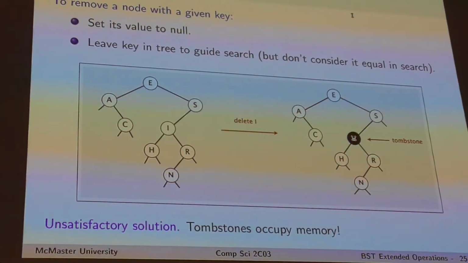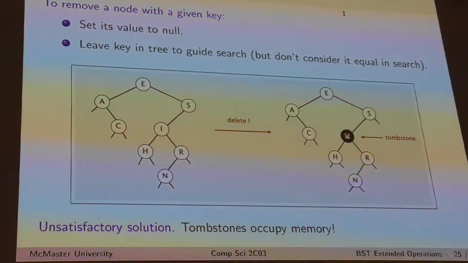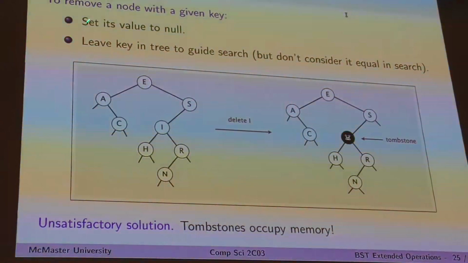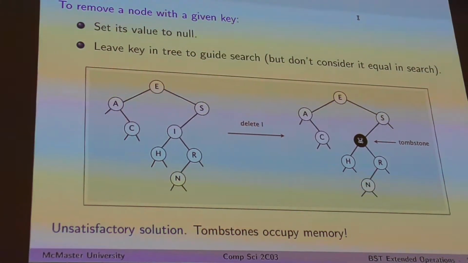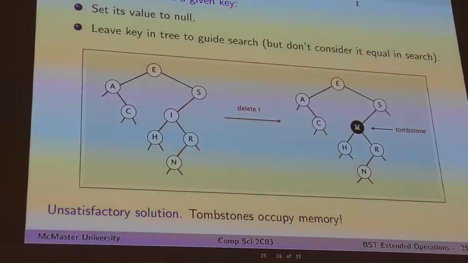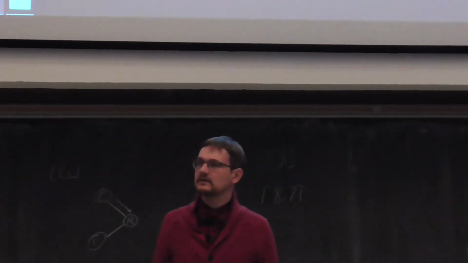So, one way that you can approach this problem is to, quote unquote, leave a tombstone. If deletion means taking a key and setting its value to null, remember nulls are disallowed as proper values anyway, so a null could be used to indicate that a node has been deleted.